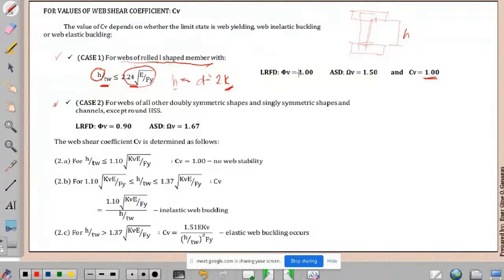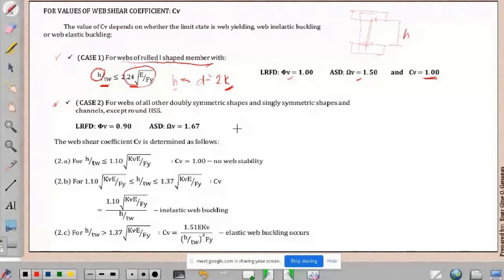And yung ating gagamitin for the reduction factor for LRFD and ASD is equal to 1.0 and 1.5. Okay? So iba-iba din yung gagamitin natin for the reduction factor for LRFD and ASD sa case 1 at case 2.